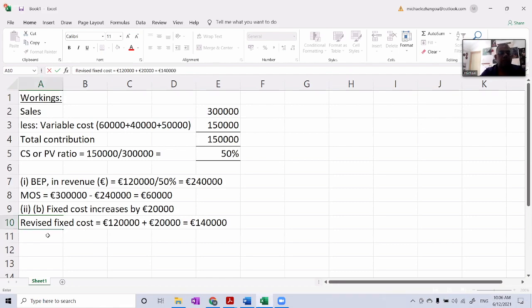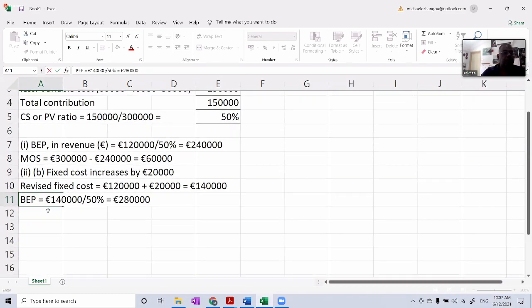All right. So your break-even point becomes 140,000 divided by the contribution to sales ratio. That is 280,000, right?